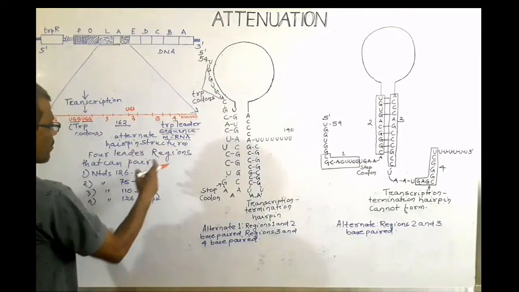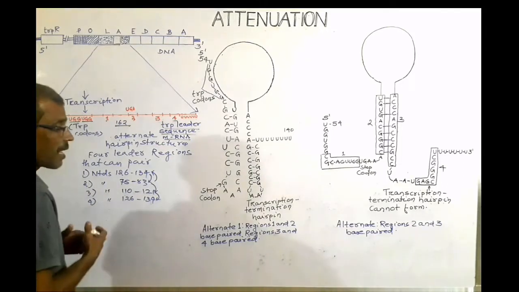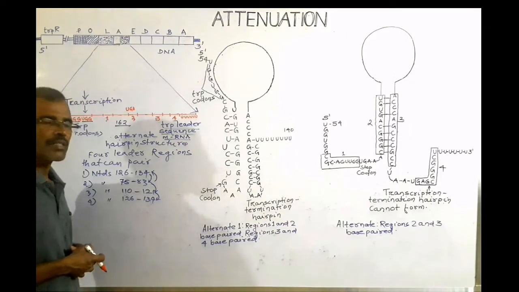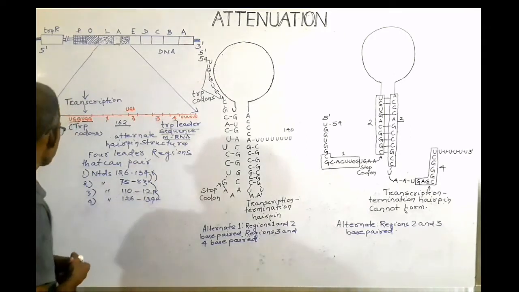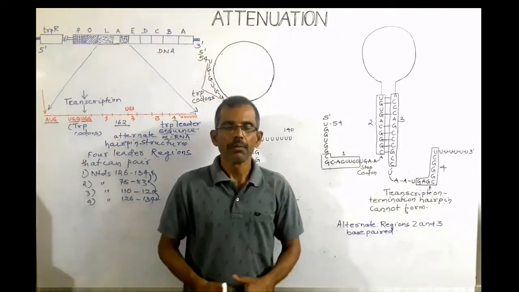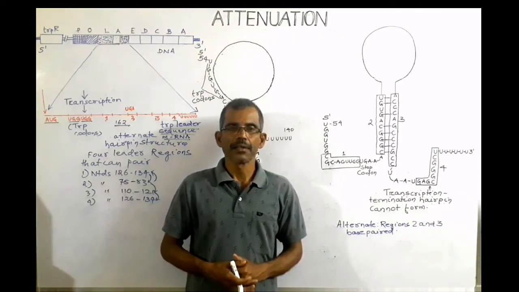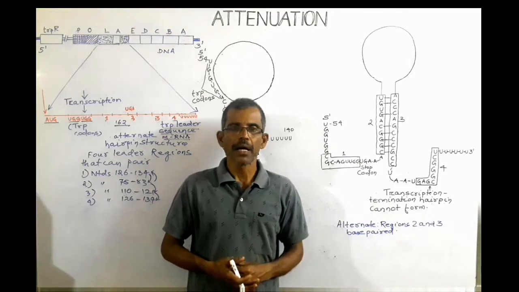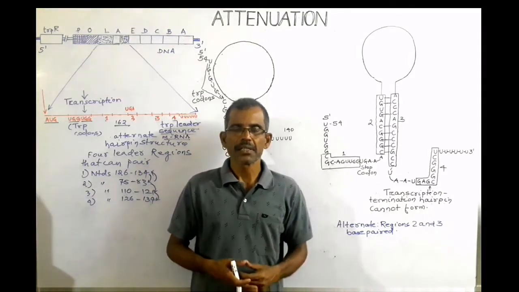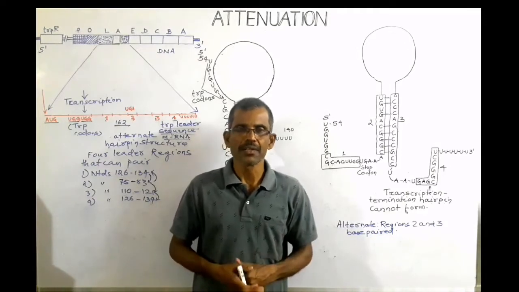This nascent mRNA also contains a ribosome binding site for initiation of translation at the initiation codon. Available evidence indicates that a leader peptide containing 14 amino acids is synthesized due to this translation.